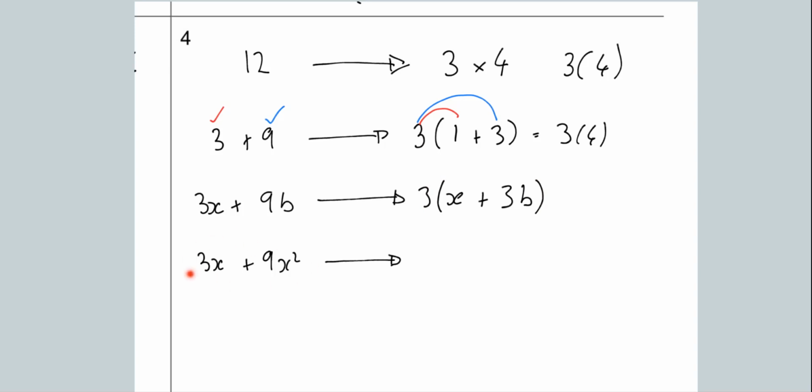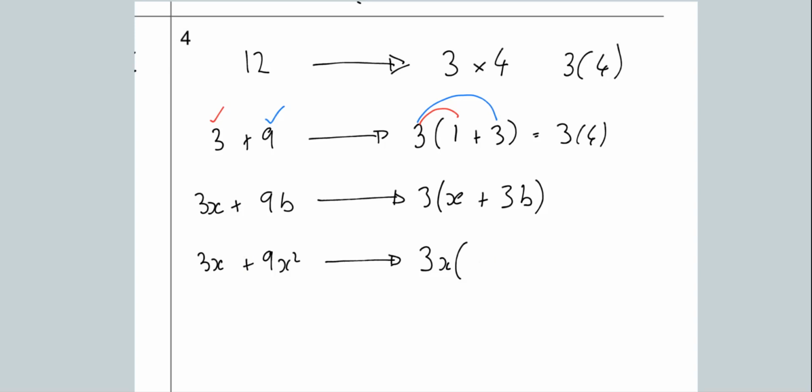Let's have a look at this expression here. So probably the way to build up the common factor is to look at the numbers first, the coefficients, and then look at each variable in turn. So I've got a 3 and a 9 here. So the common factor is 3, and I've got an x and an x squared here. So what we do is we take the variable at its lowest power, and that will be the common factor. So I've got an x there, put my bracket in, and then ask myself the same thing. 3x times what will give me 3x?